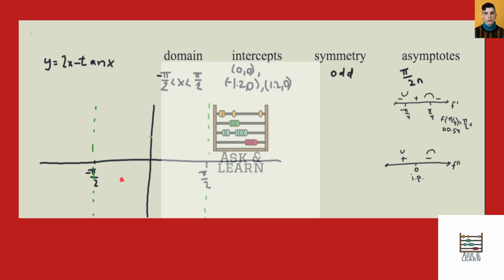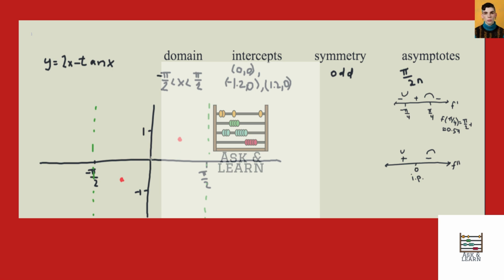So if this is 1, negative 1, and this is 1, then negative 0.57 would be somewhere here. And since it's odd, they're going to be like that because of the symmetry.